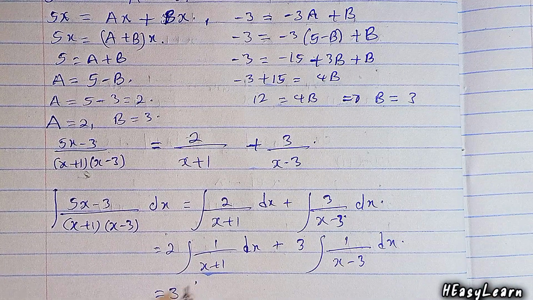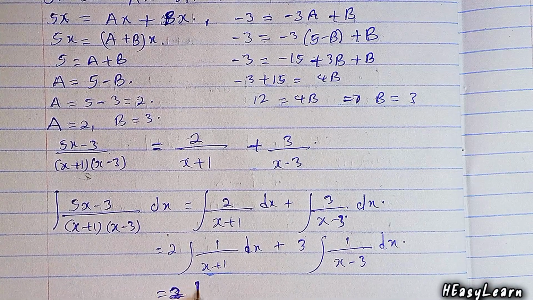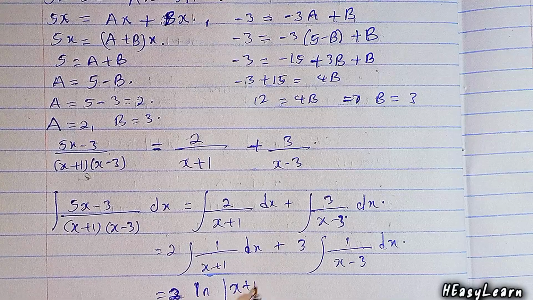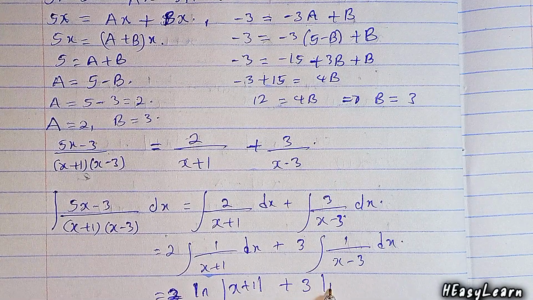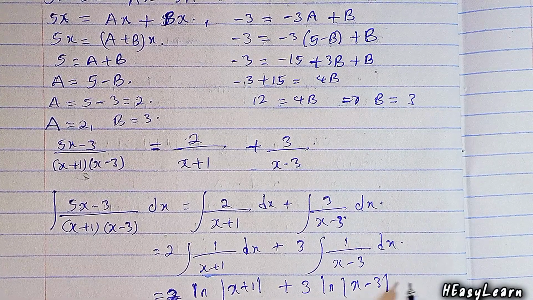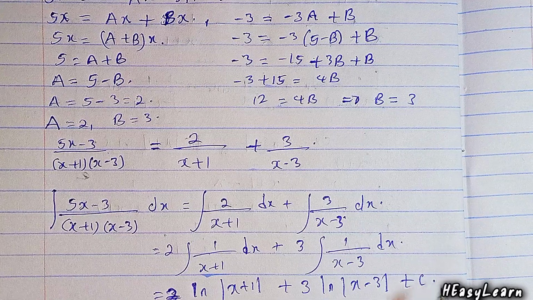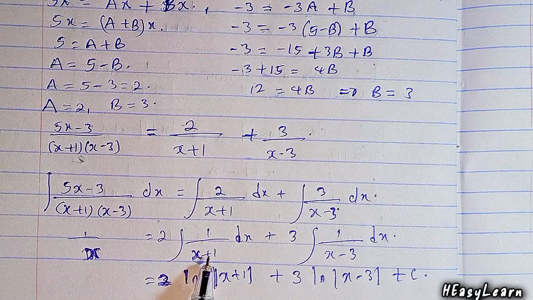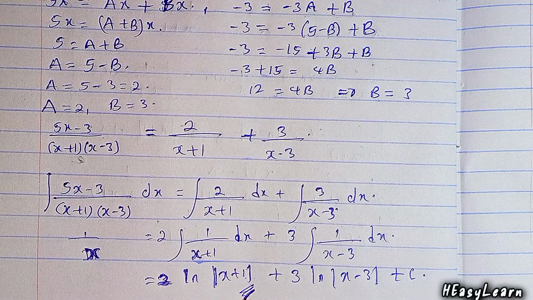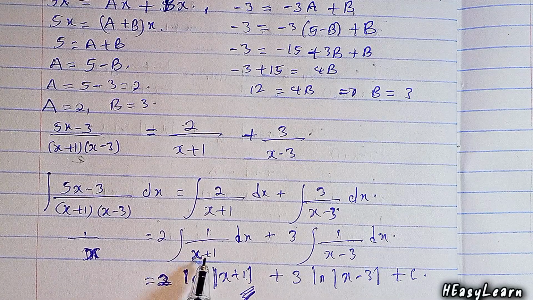What is this integral? This is 2 ln|x plus 1| plus 3 ln|x minus 3| plus constant of integration. So the integral of 1 over x plus 1 is ln|x plus 1|. When you find the derivative of this function, you are going to have 1 over x plus 1.